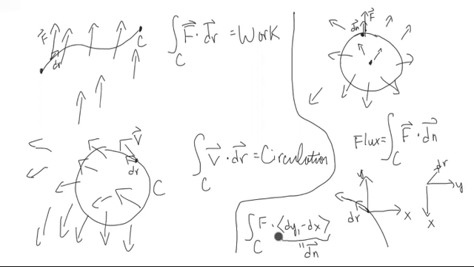So simply, if you just dot your force field with this, you end up getting the outward bit of the vector field as you go around, and this idea is called flux.